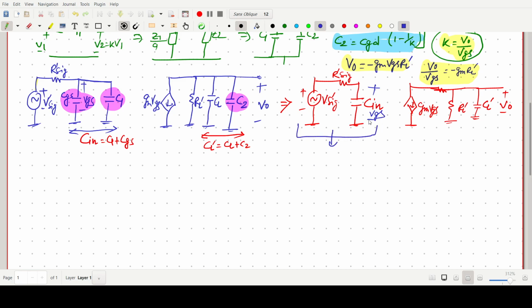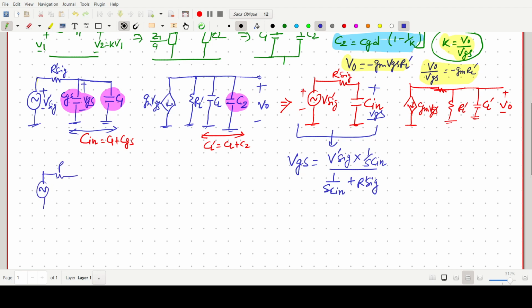This VGS is nothing but simply we can write V'signal into 1 by SC_in, just writing the voltage divider rule by taking the impedance 1 by SC_in, 1 by SC_in plus R'signal.